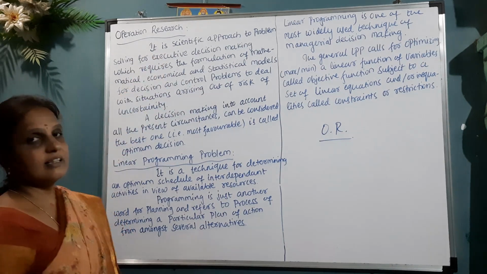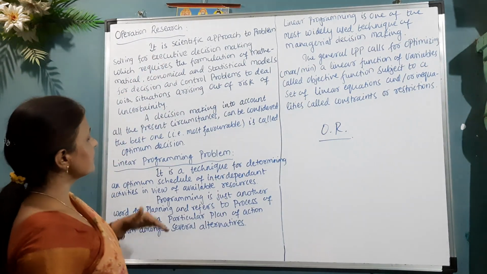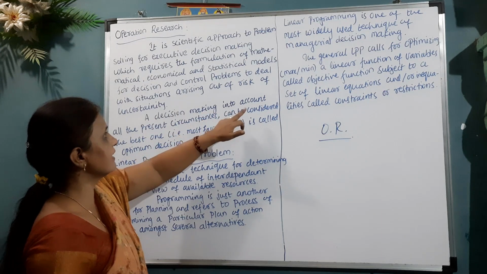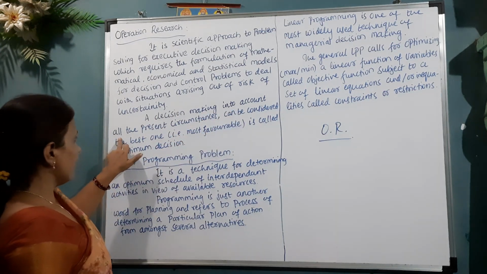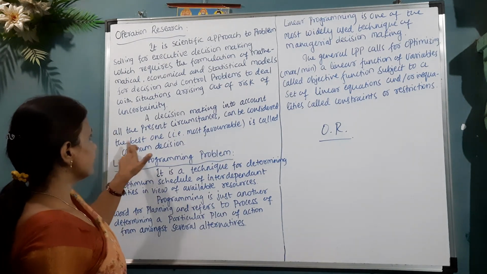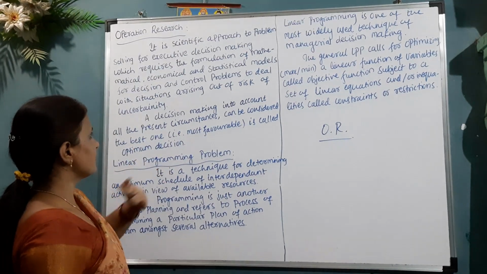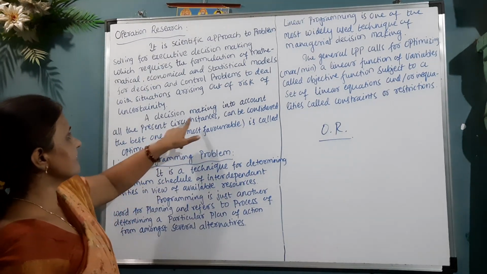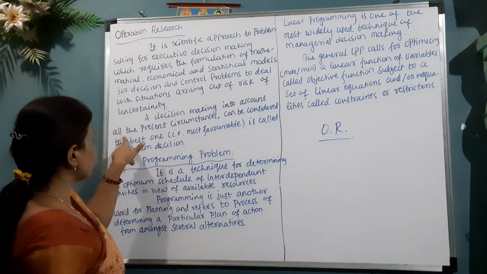So that will be the definition. Or it can also be defined as decision making taking into account all the present circumstances, and the best one is called the optimal decision.